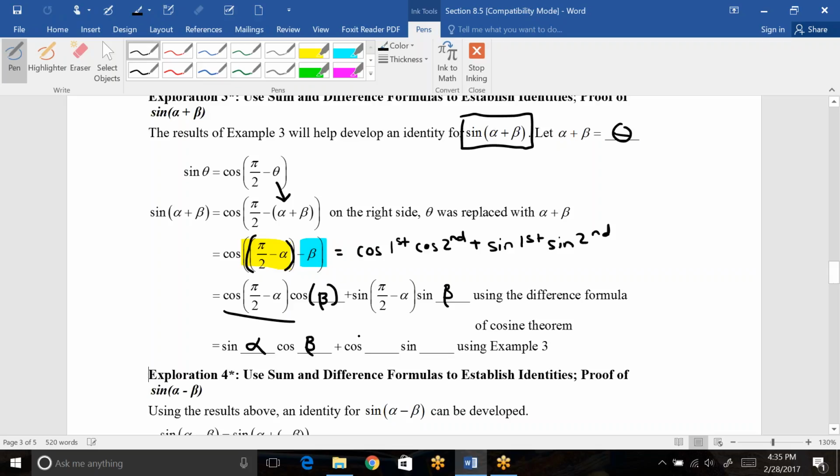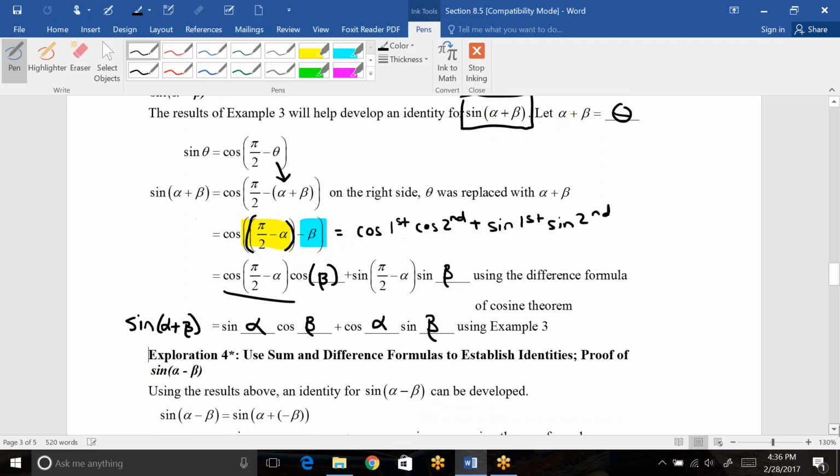This would be cosine beta, this would be cosine alpha, and this would be sine beta. So what we've learned is that sine of alpha plus beta is sine alpha cosine beta plus cosine alpha sine beta. We've actually just proven from some identities that we've learned that that is now our formula.